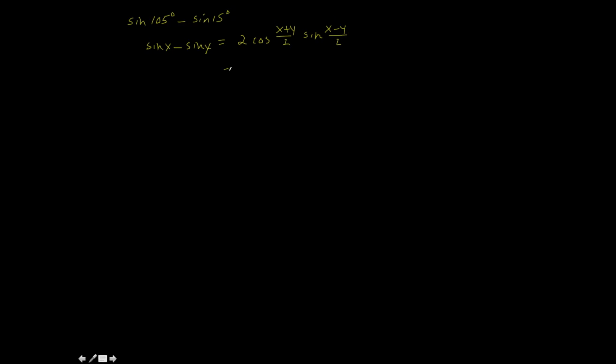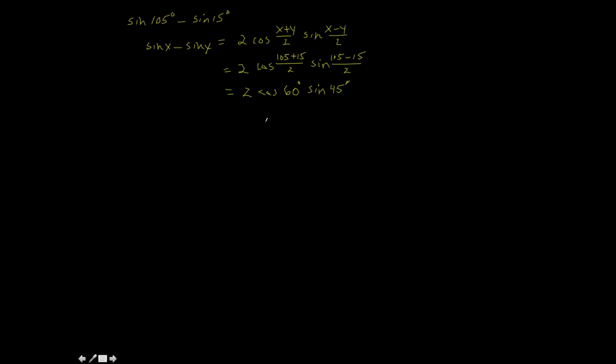Alright, so we can take our 105, which is our x, 15 being our y, and we can plug them straight in. Now notice what we're left with here. This is the cosine of 60 after you divide it out. This is the sine of 45 degrees after you factor it out.